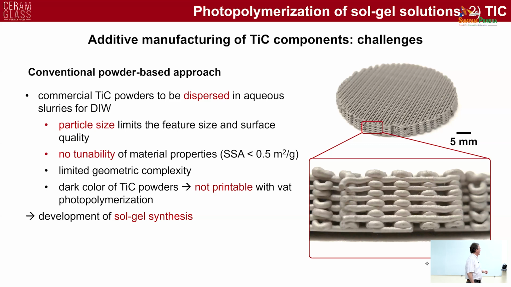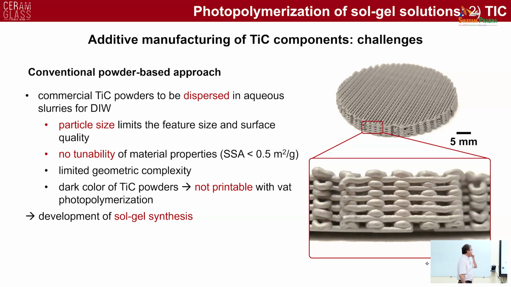And the problem with the titanium carbide is that after sintering, you have a dense material. It's very difficult to achieve a high specific surface area, which of course would indicate the presence of micro and mesopores.